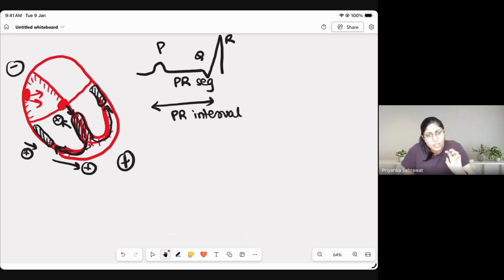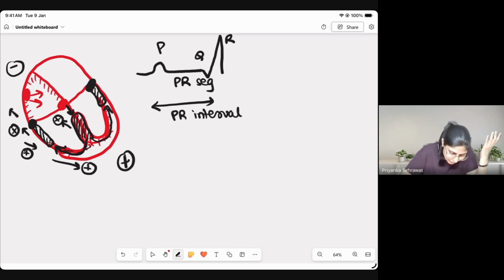Here, because these muscle fibers are also getting depolarized, it leads to a very small positive net charge towards the right side. Now, when we compare the left-sided charge and the right-sided charge of the basal ventricular muscles, the right-sided charge is the net charge that we get.